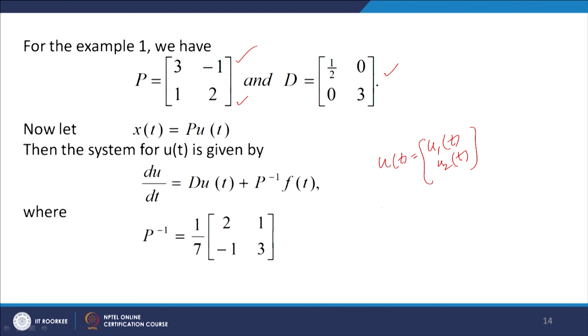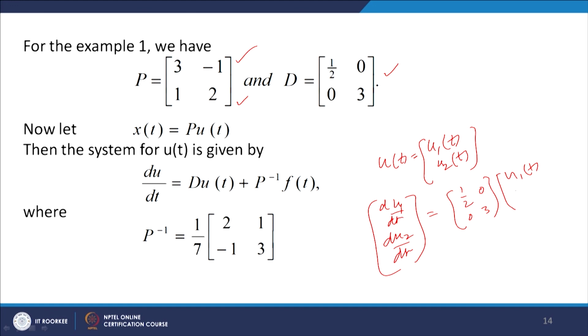Then du by dt will be du1 by dt, du2 by dt. D is your matrix with 1/2, 0 and 0, 3. Then you know P inverse into f(t), which is again a column matrix.